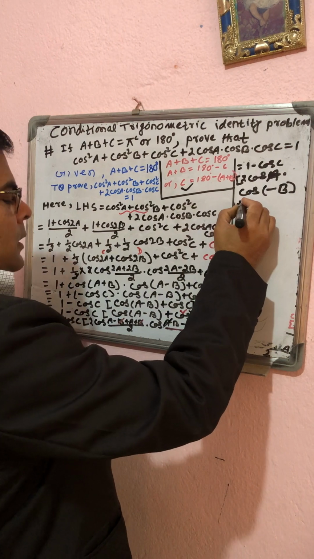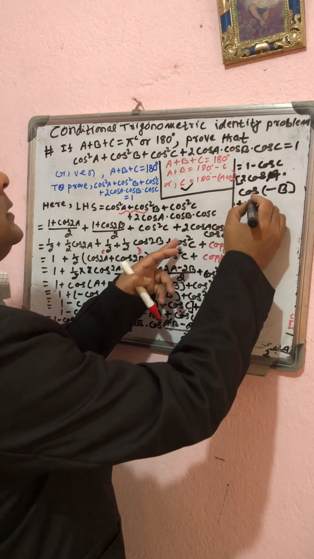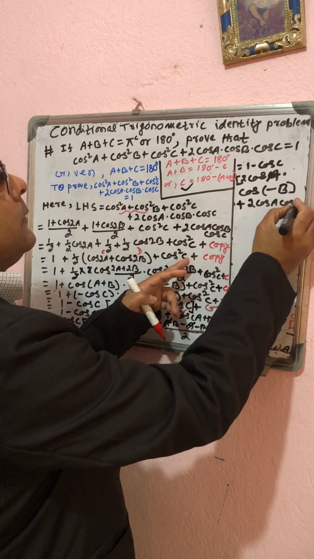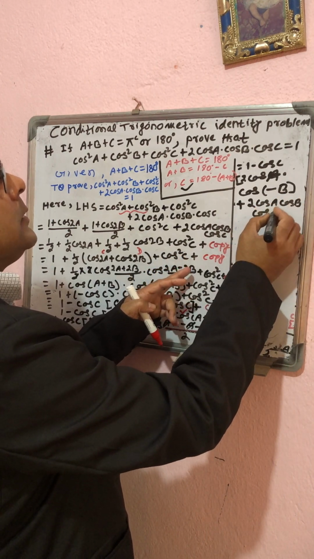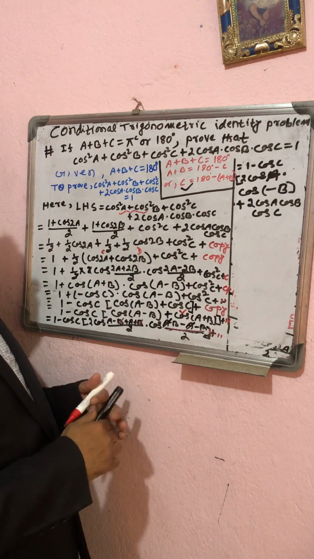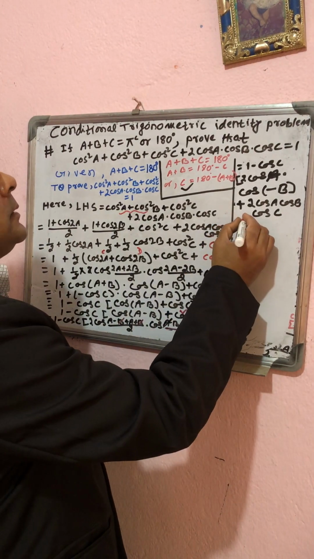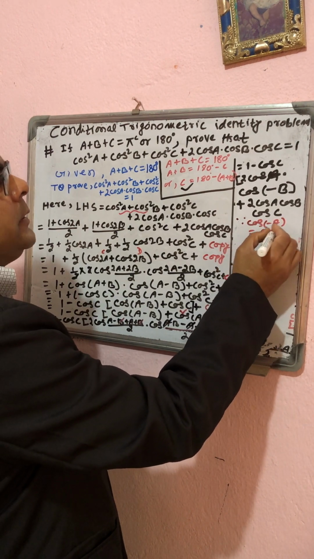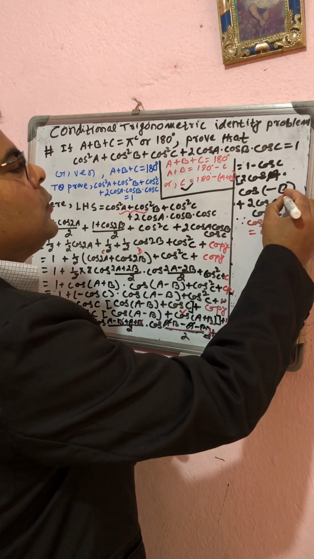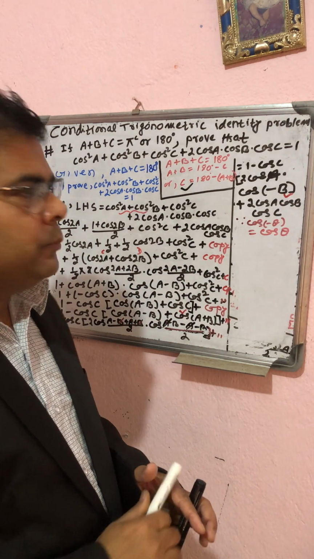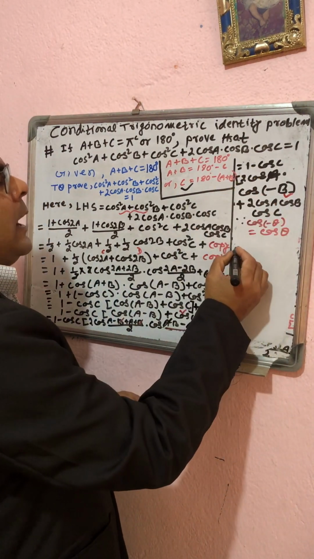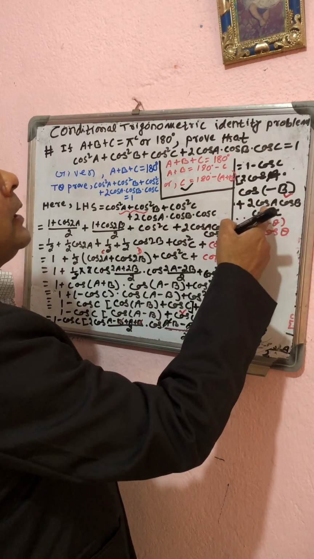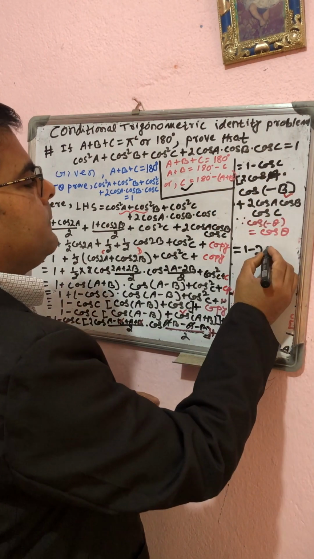The term that we had been continuing was 2 cos A cos B cos C. And now you know that since cos of minus theta equals cos theta, there will be no sign change for cos of minus B. So after that, if you continue, it is 1 minus 2, and then you can write here cos A.